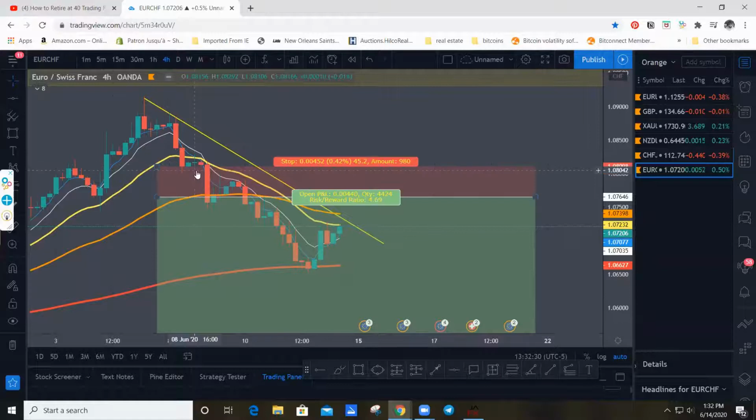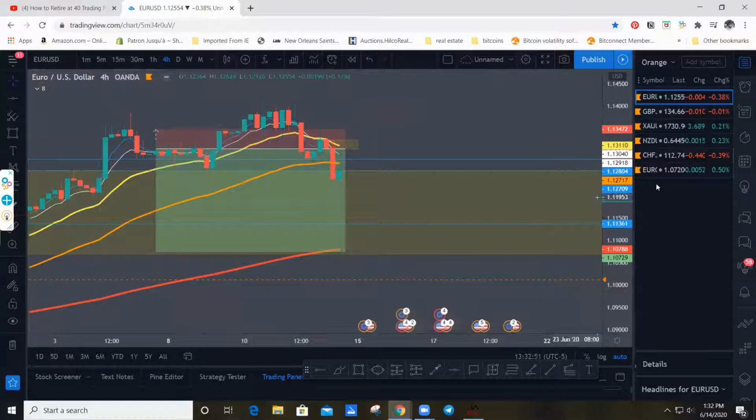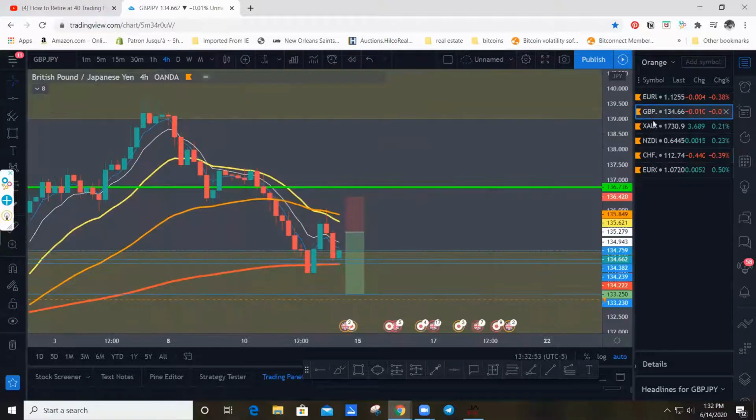No. Because that would have been a perfect setup right there. We caught it to the downside. So based off of looking at that, just keep an eye on it and see what price does once it gets to those areas.